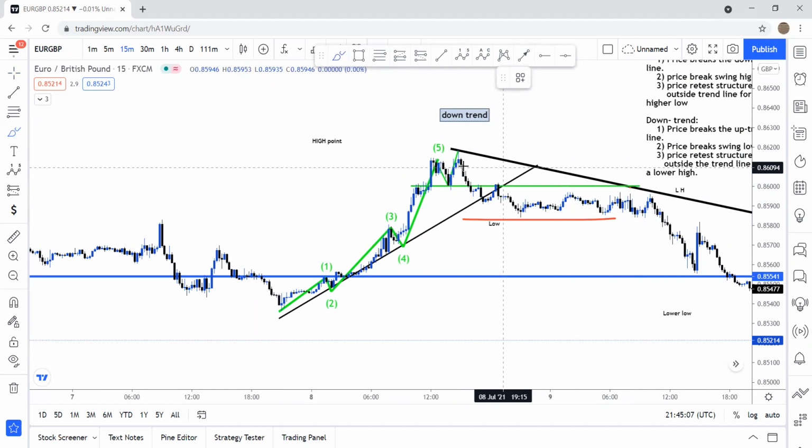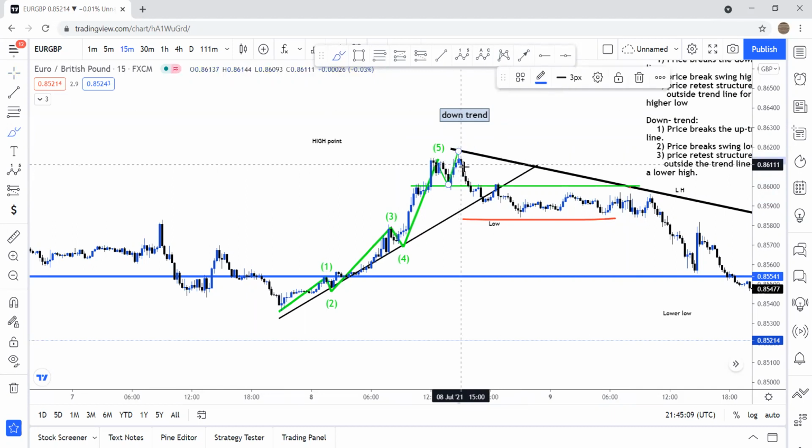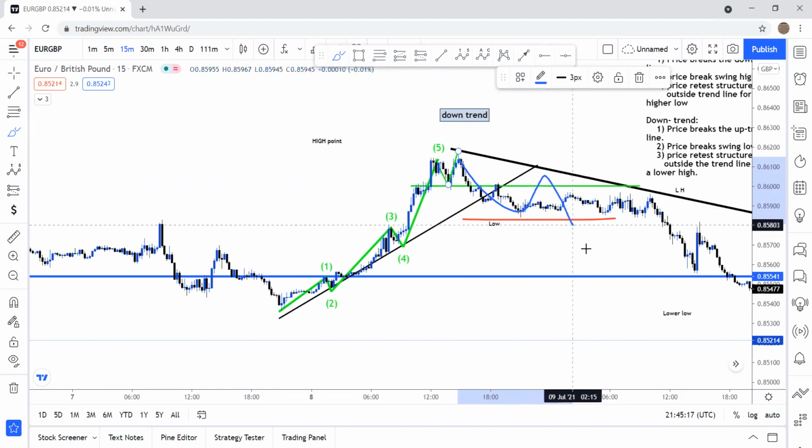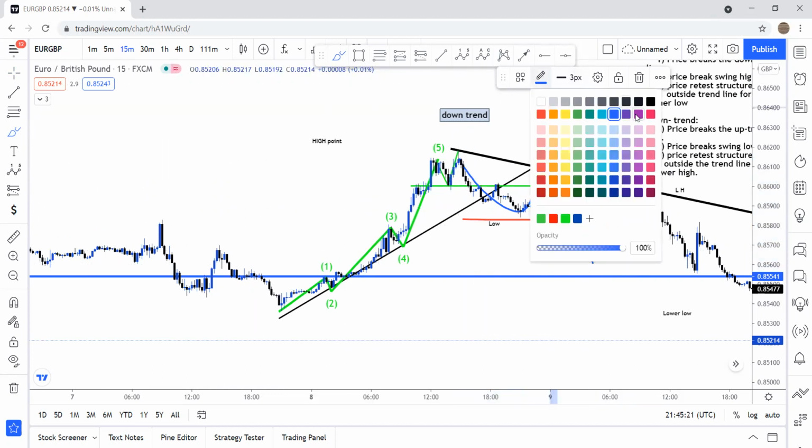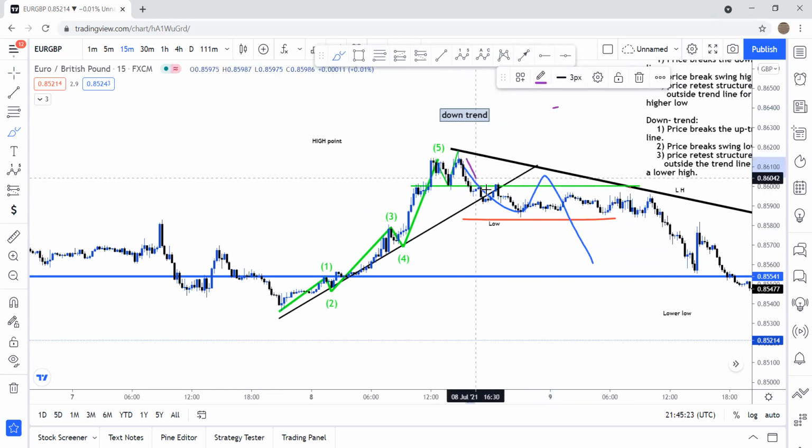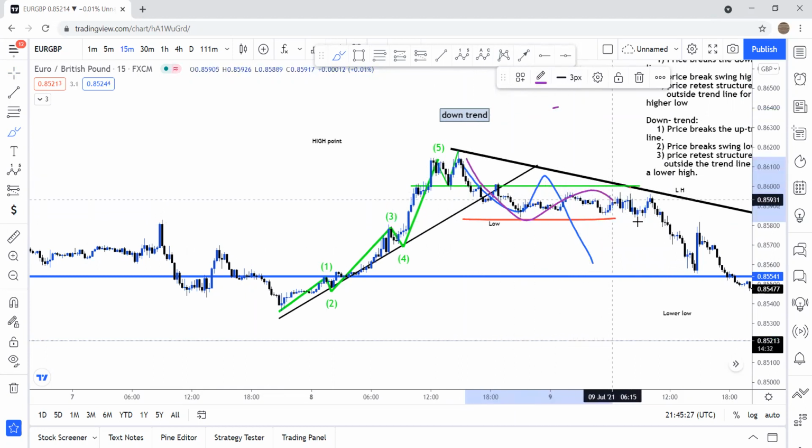The blue line is going to break and go above the structure and then continue going down, or the purple, which it actually did, which is going to break, retest the structure, which is the green line, and then continue to go down.